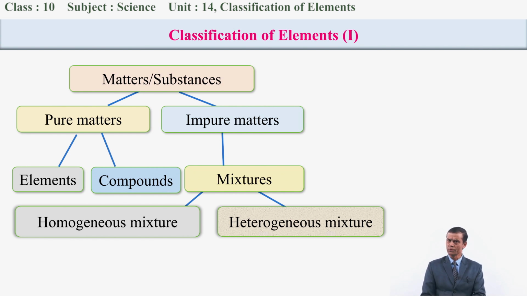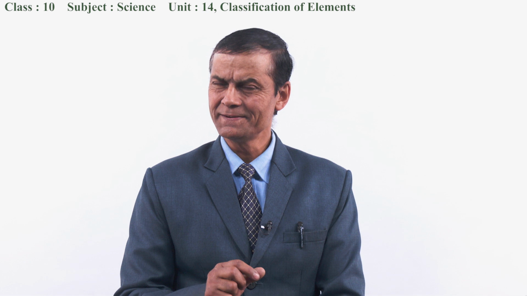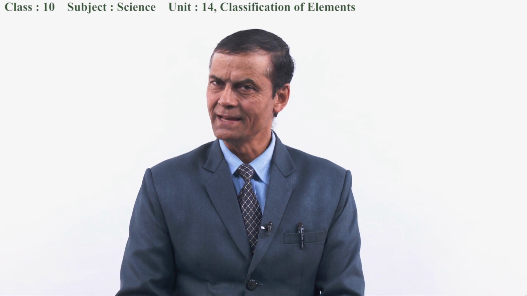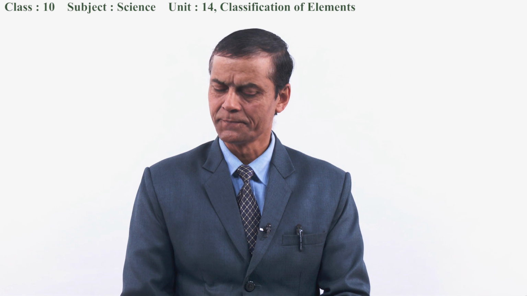Iron, gold and copper are solid, but oxygen and hydrogen are gaseous elements. A few elements are in the liquid state. Can you give an example of one liquid element? Yes, mercury is a liquid element which is used as the liquid in the thermometer, isn't it?